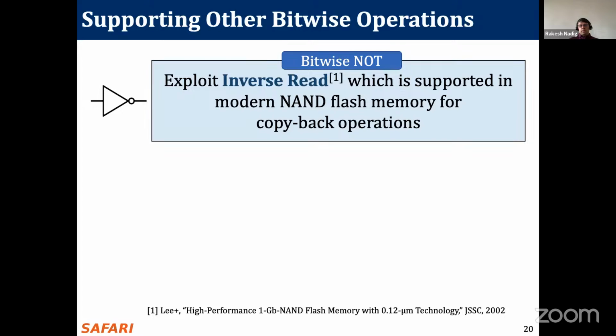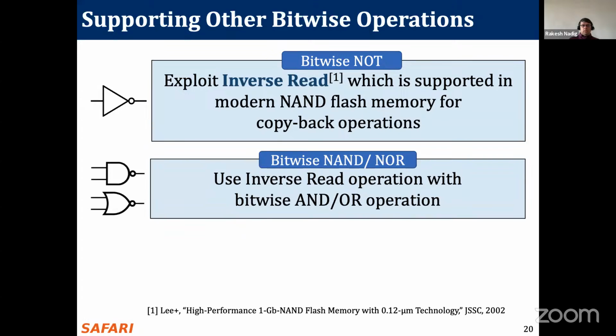This is done by exploiting the inverse read operation, which is already supported in modern NAND flash memory for copyback operations. Then we also perform bitwise NAND and bitwise NOR. We use the inverse read operation with bitwise AND and bitwise OR operations.